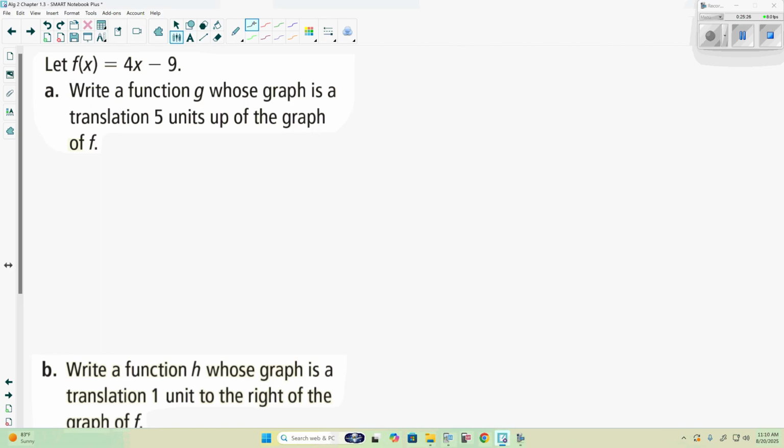So we look at the next one here. Let f of x equal 4x minus 9. Write a function, g, whose graph is a translation 5 units up of the graph of f. So up and down, our vertical translation is f of x plus k, where k is the amount that we're moving the function up or down.